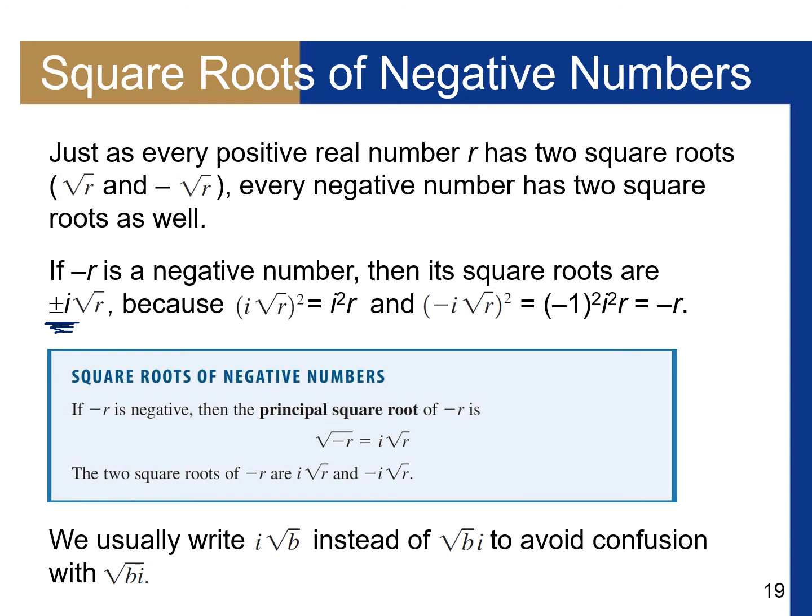Then notice if I square both of them, I will get i squared times r, which is negative 1 times the square root of r squared. And this is a proof that's just going back to show you that we have the negative r that was underneath the radical to begin with.